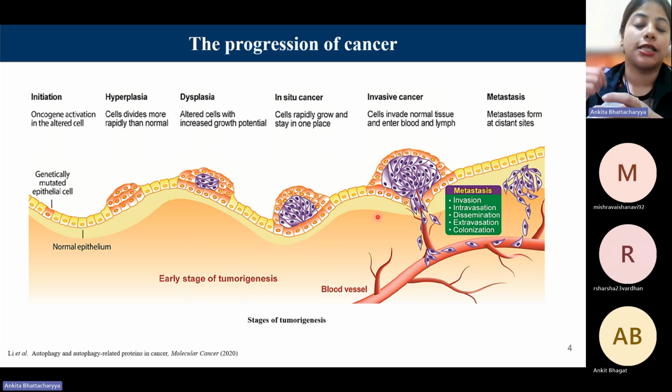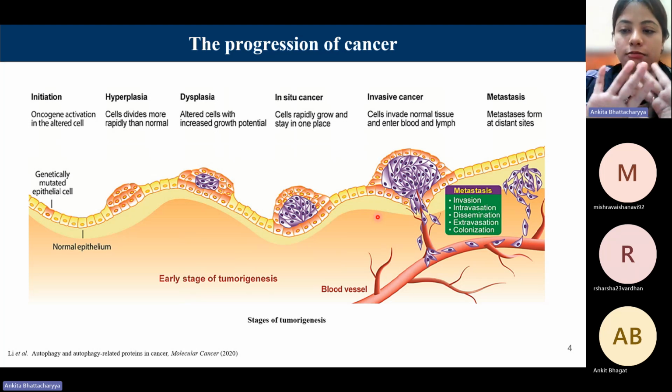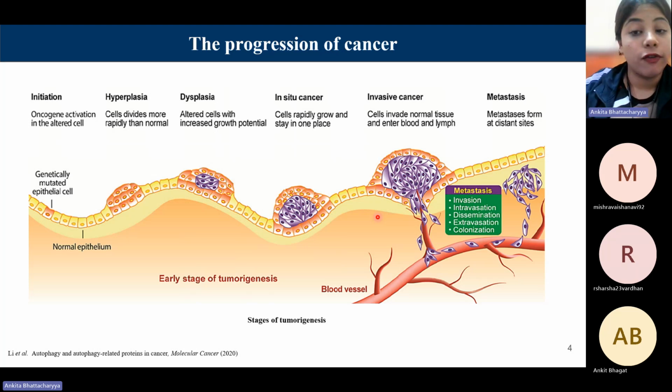But what happens is that during cancer, cells are able to disrupt this exact membrane, this support system, and they are breaching it. When I say breaching, think of it as them removing the barrier and being able to move through this layer. As a result, they can now move into the tissue. One of the most common things that happens in this circumstance is that they are able to enter into the nearby blood vessels.